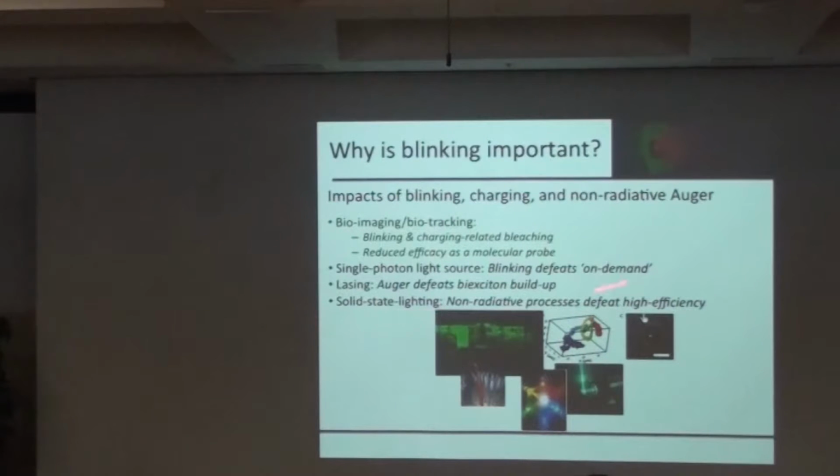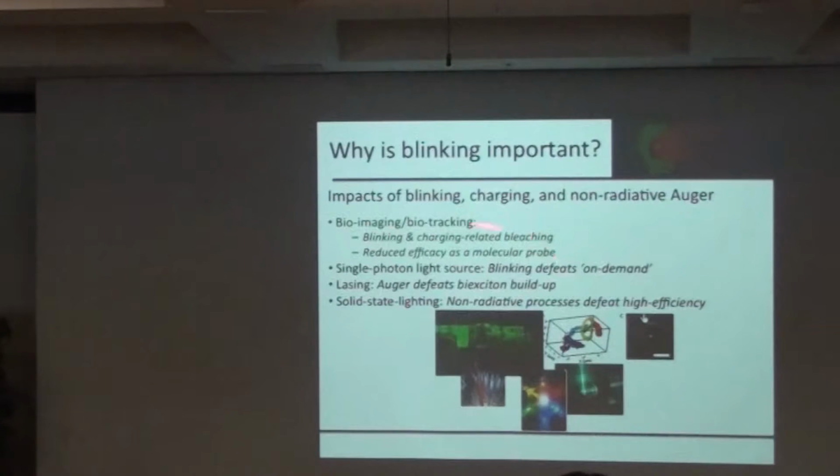And why is blinking important? In the area of biology, for bioimaging, biotracking, blinking and charging related bleaching, of course, is a challenge, especially if you're interested in using the particles as molecular probes. We're also at the lab interested in single photon light sources. Blinking obviously defeats your ability to obtain a photon on demand when you want it, because you never know when the particle will be blinked off if blinking is active.